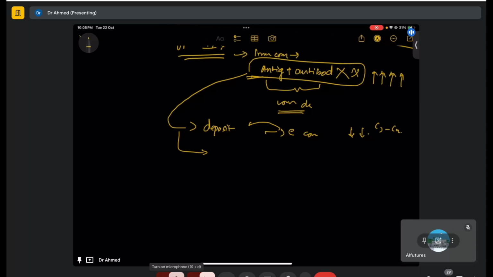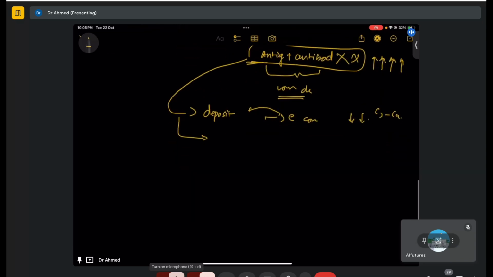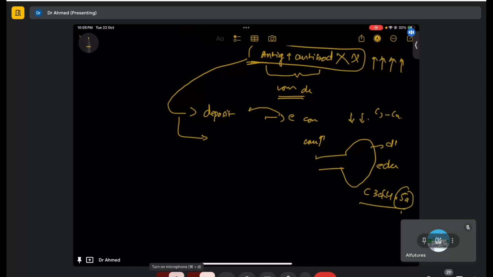If a person is having type 3 hypersensitivity in different organs, let's take the example of your kidney. It means you are going to see destruction of your kidney. Why? Because the complement system is activated. You are also going to see edema. Why? Because C3a, C4a, and C5a, C5a along with it is a chemotactic factor, right?